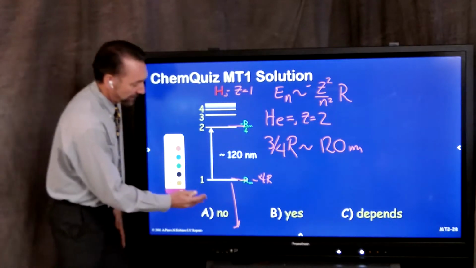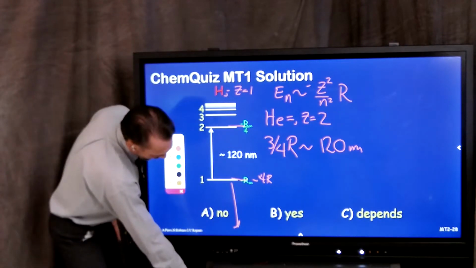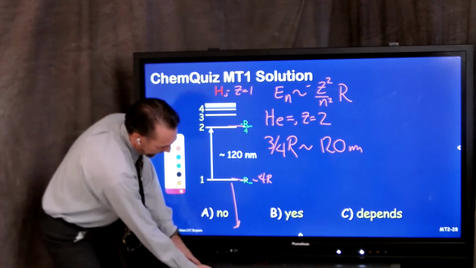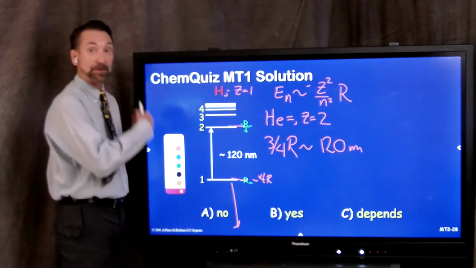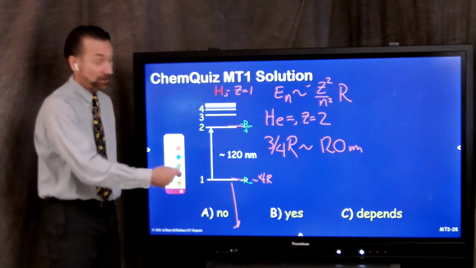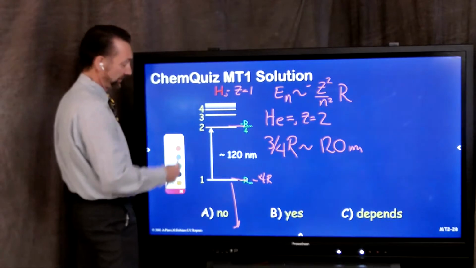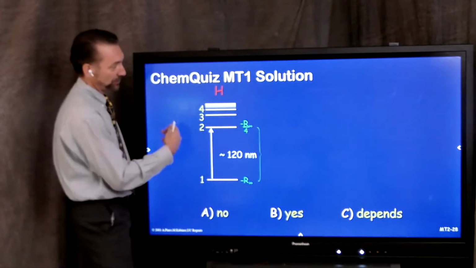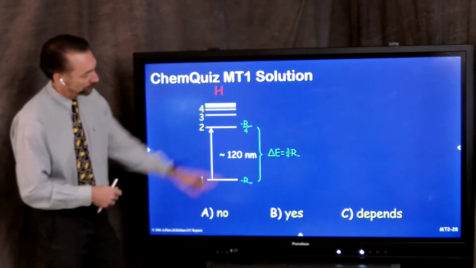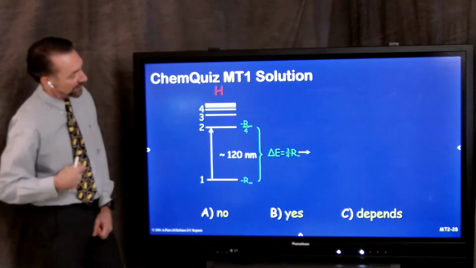You've got to say to yourself, if I go down to minus 4 Rydbergs and I want to ionize, is 30 nanometers sufficient? I've gone to shorter wavelength, so I've gone to higher energy. Yep, 3/4 R is that energy gap.